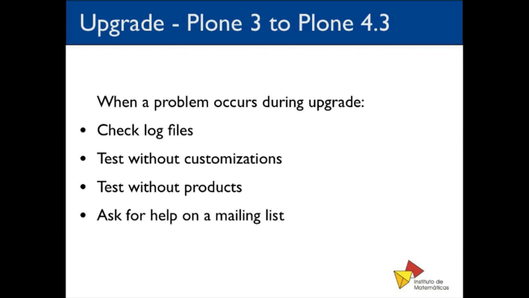So that's what we have been doing. We take out all the custom products we have, and we run the upgrade step, and it migrates everything that was part of Plone to Plone 4, and it does it very fast.